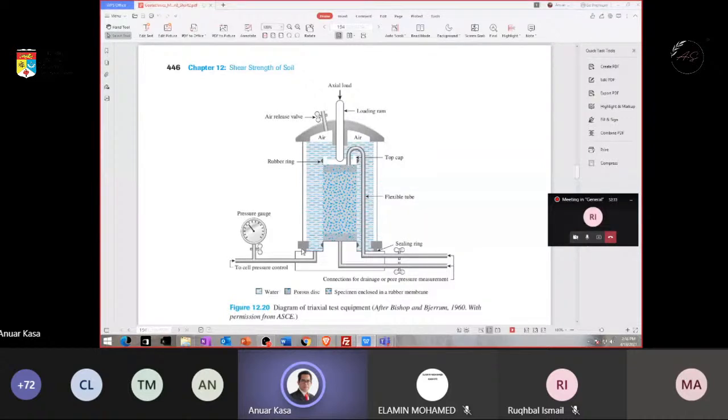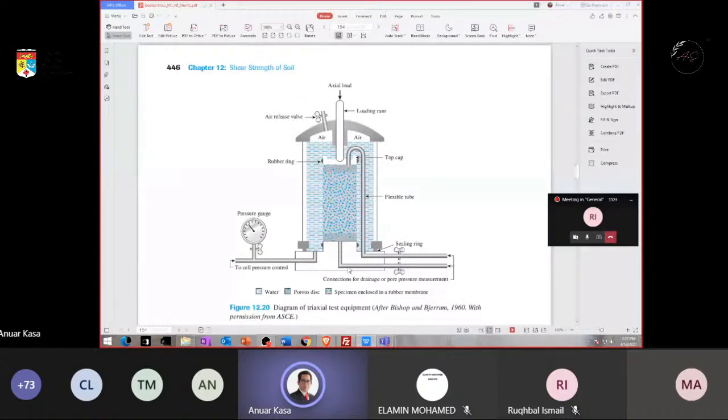Normally the sample is clay. We need to put it in a plastic. There is a special plastic which we wrap around the sample, and at the top we put the rubber ring, top and bottom, and porous material, so that the water from the sample can move to the bottom through the porous stone.